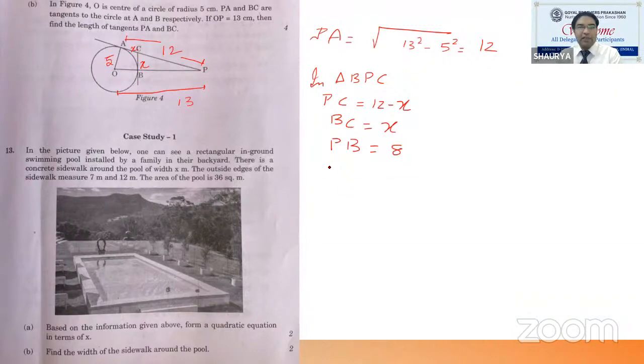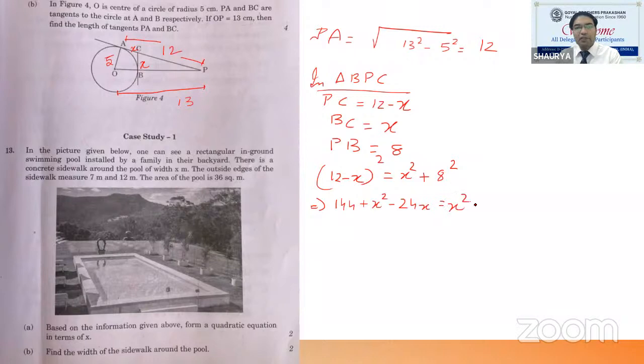So let's apply the Pythagoras theorem in this triangle BPC now. The hypotenuse is PC, so let's keep it on one side. 12 minus x whole square is equal to the sum of squares of the remaining sides. We can solve this quadratic equation, and I guess we will have the answers to ourselves. Minus 24x. Actually, it will be reduced to a linear equation, as we can see.